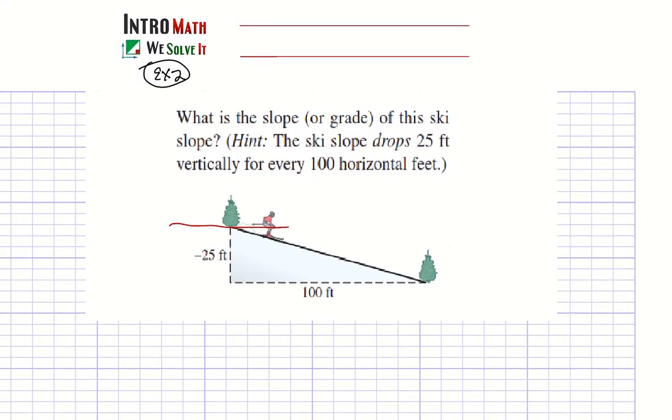The zero is here, okay? The y-axis here, x, negative x, positive y, negative y. And this zero right here, so it drops. And then it extends 100 feet along the x-axis also. So they want you to find the slope.